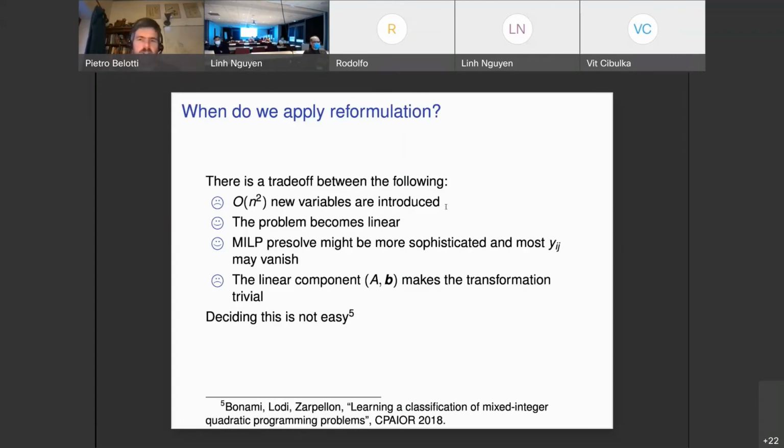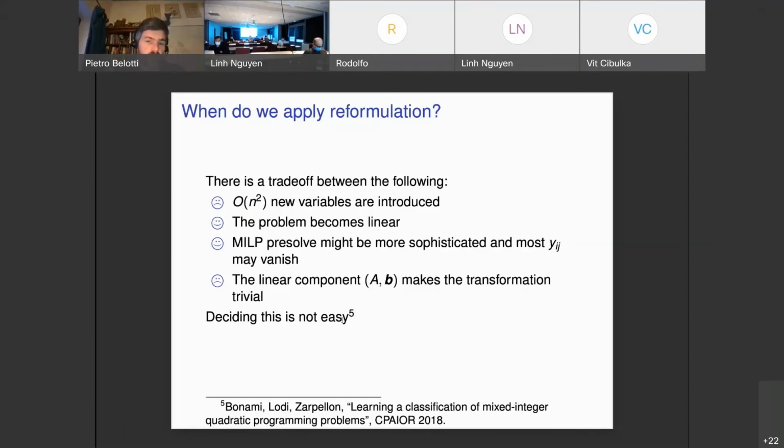So one has to weigh these two things and see whether this is actually worth it. The good thing with the problem being linear is that the MILP pre-solve might actually wipe out some of the yij variables. That may be the case. And it could just be that the linear constraints make the transformation trivial, or that it actually makes everything a lot more complicated.